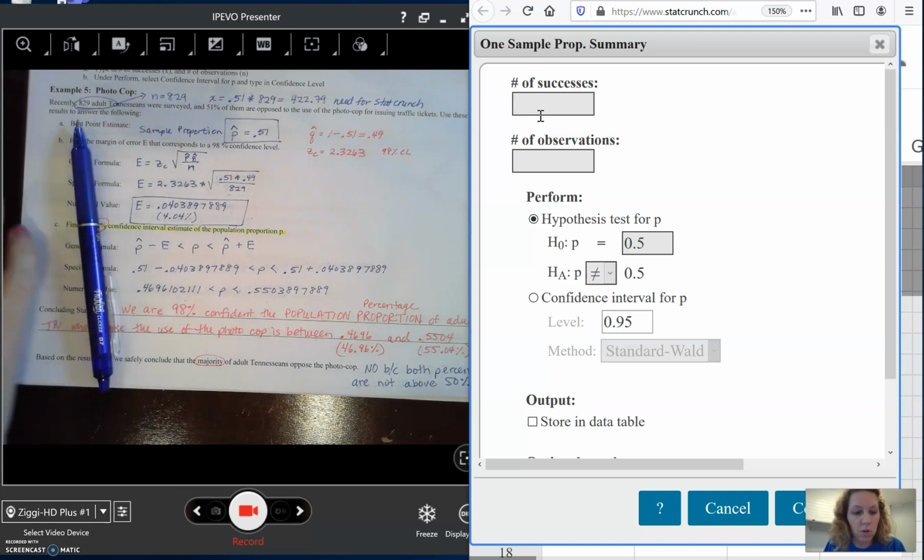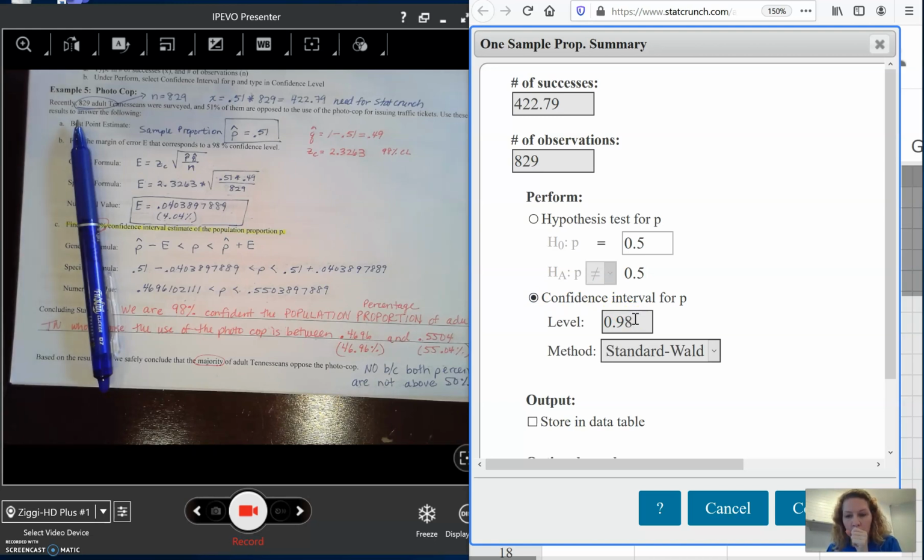So let's see, 422.79. Our number of observations was 829. That's our sample size. We have to change our confidence level. Hit the confidence interval for p button. Our confidence level is 98%. Then we're going to go ahead and hit compute.